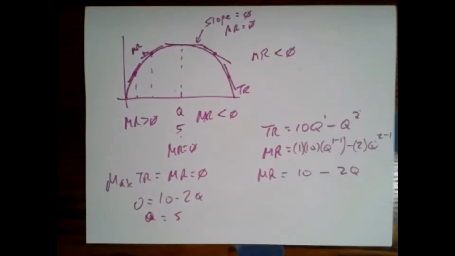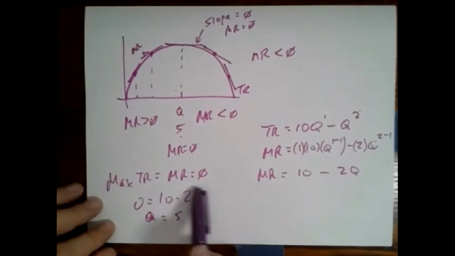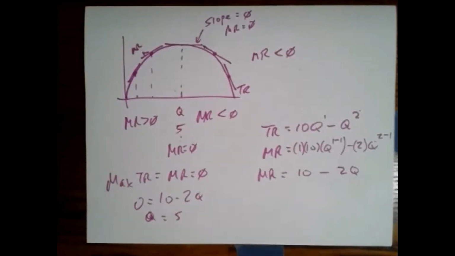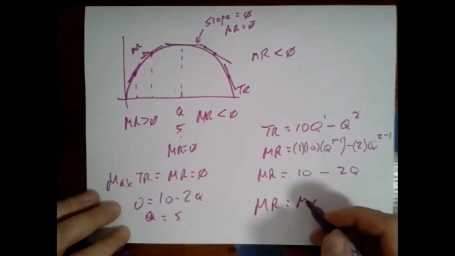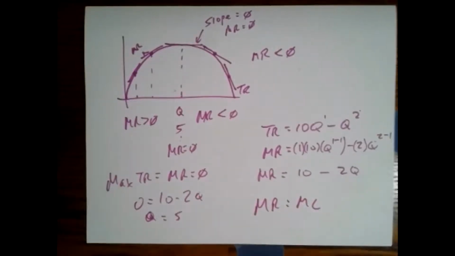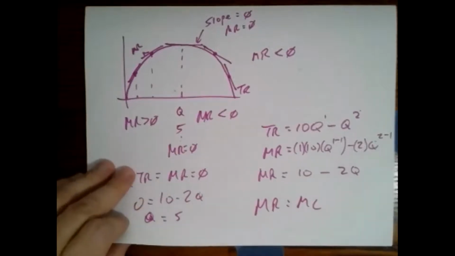We are less interested in where they maximize their revenue and more interested in where they maximize their profit. But you'll need to be able to find marginal revenue in order to solve that, because we're going to want to be able to say, okay, MR is equal to MC at what quantity? So we'll get to that in just a second.